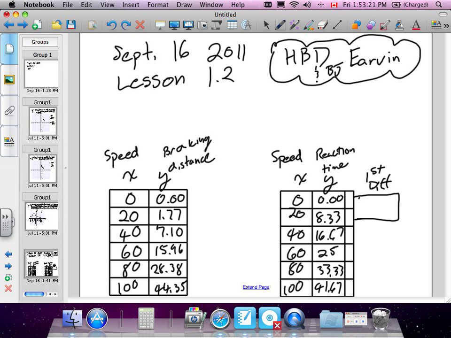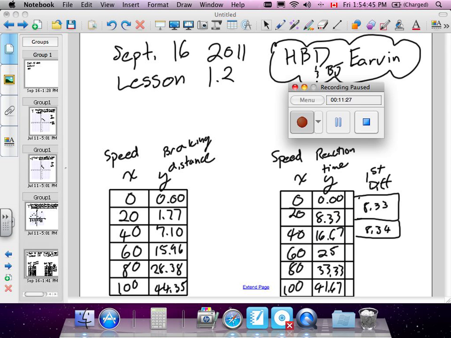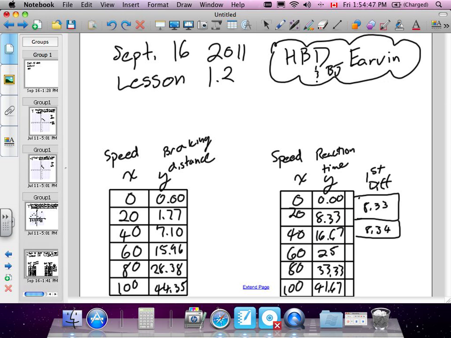So, what is 8.33 subtract 0? Good. What is 16.67 subtract 8.33? 8.34. Okay. The next difference we're looking at is between 25 and 16.67.